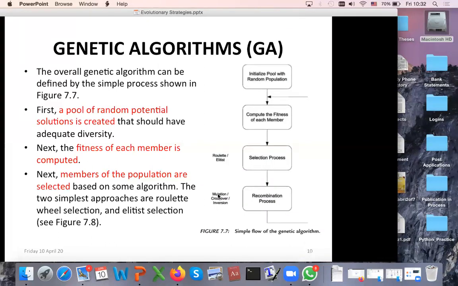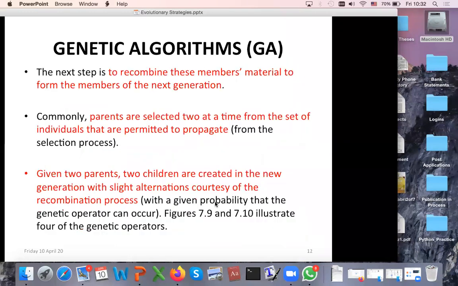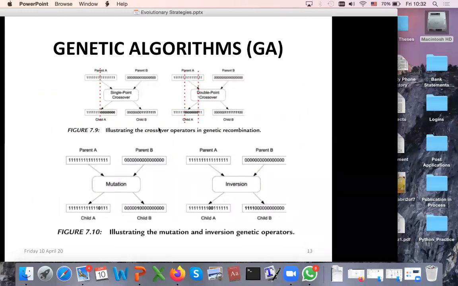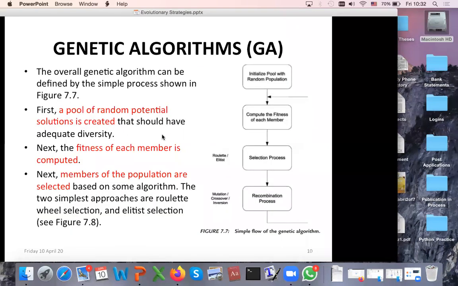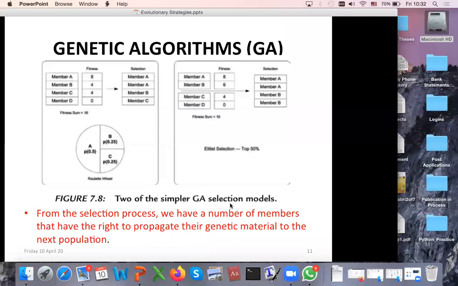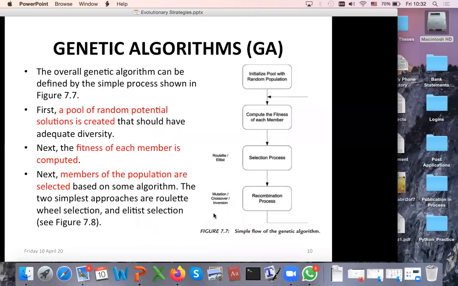We will see these operators in detail maybe here. This is the detail for those operators: crossover, mutation, inversion. When we reach here, we will see this thing there. So after applying these operations, we will get some new members.